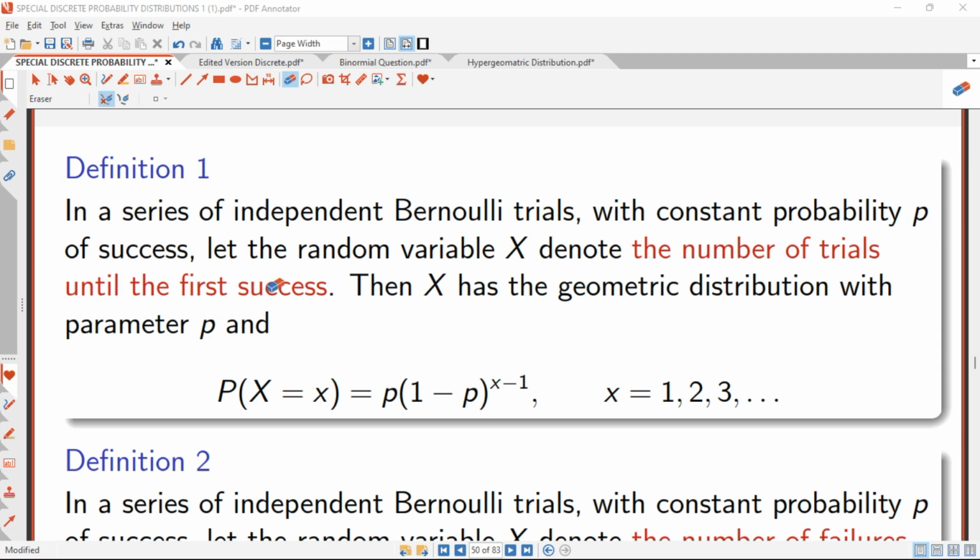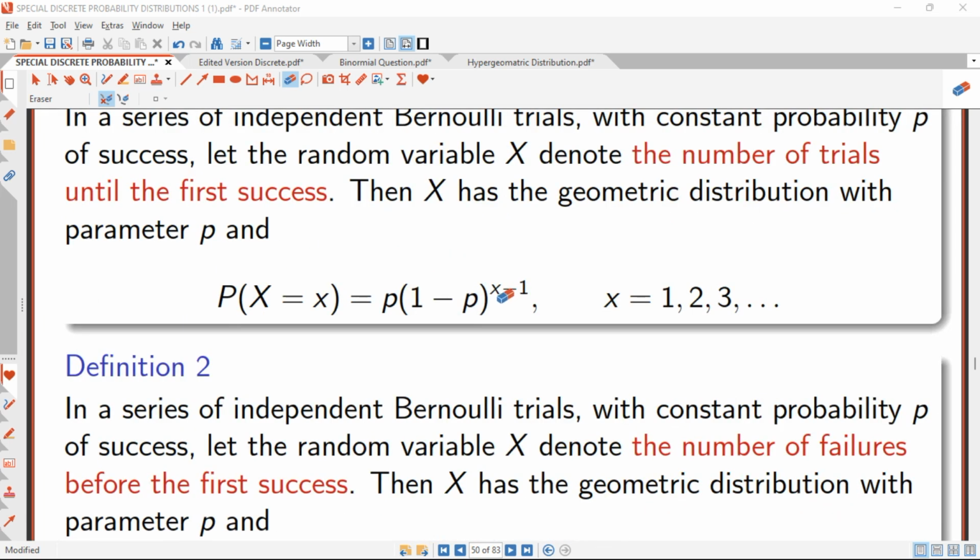Then our PMF will be P times (1 minus P) raised to the power x minus 1, where x is 1, 2, 3 up to infinity. This PMF holds if X denotes the number of trials until the first success.